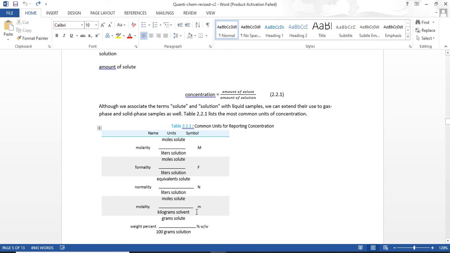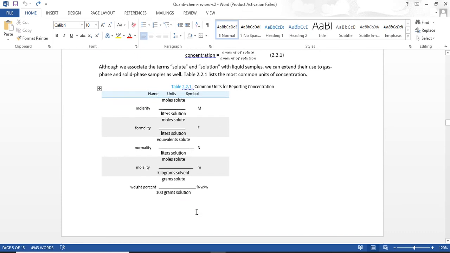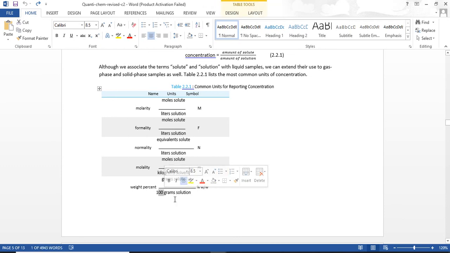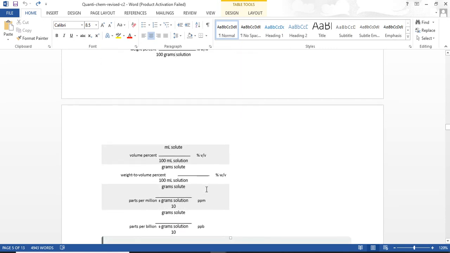Then you have your weight percentage. If you're given the grams of your solute, okay, in every 100 grams of your solution, this is the ang imong mix na nga solution for given. Then times mo sa percent. Yung mga unit for your weight percentage is weight per weight. You have here volume percent. We're given with ml solute.